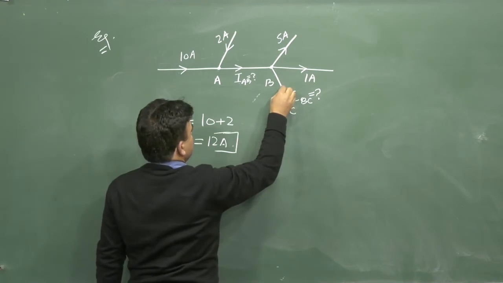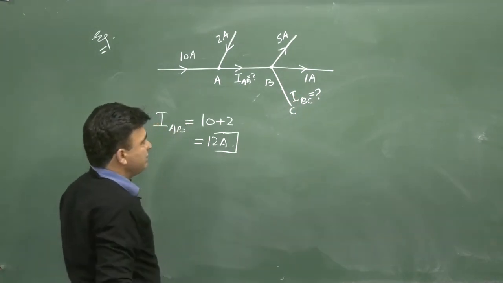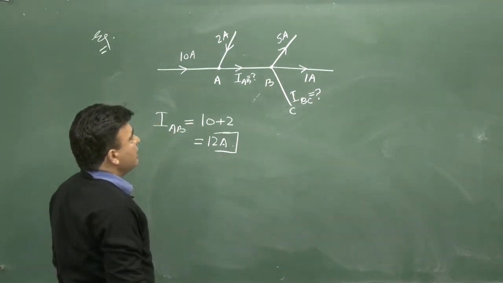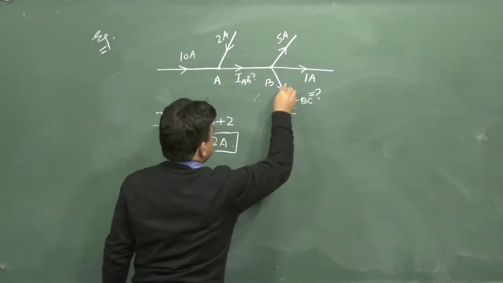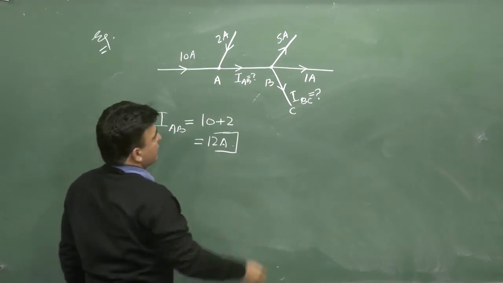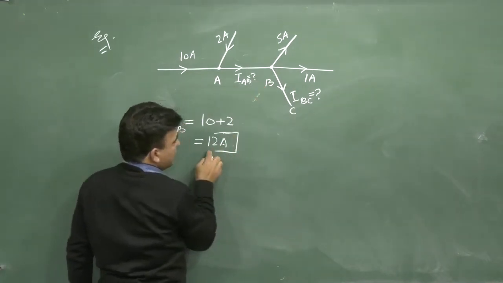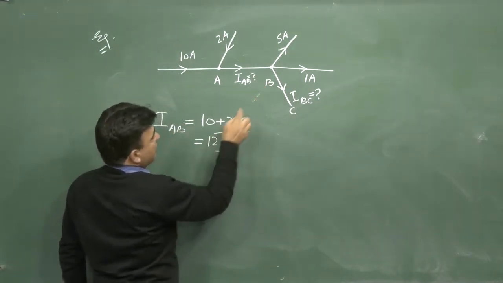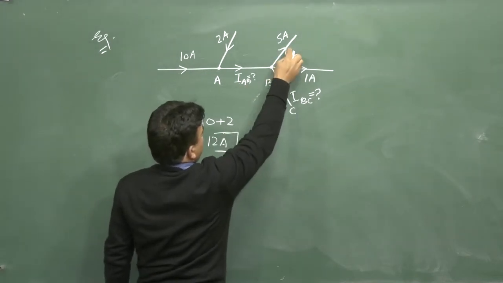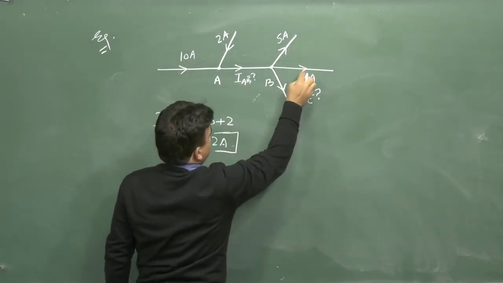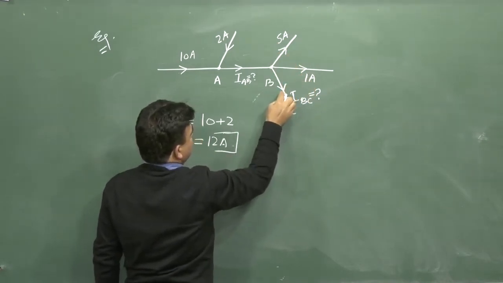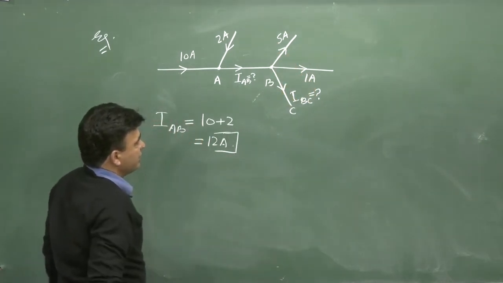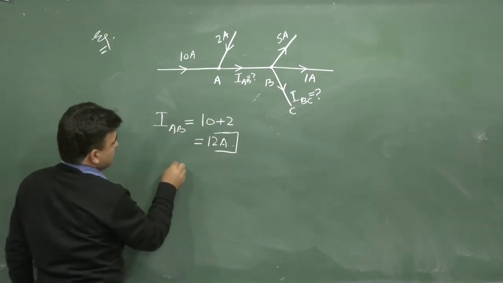And here in this branch IBC, we can say the current is outgoing, because incoming is 12 here, what we have got in the previous one, and here the outgoing is 5 and outgoing is 1. 5 plus 1 is 6. So here also the outgoing current can be obtained like this.